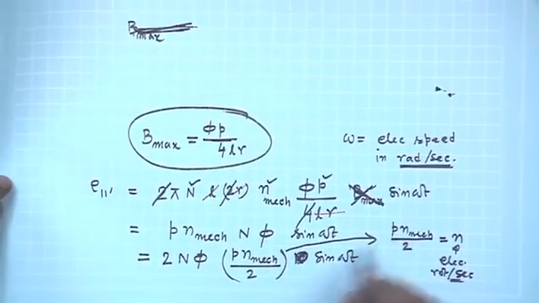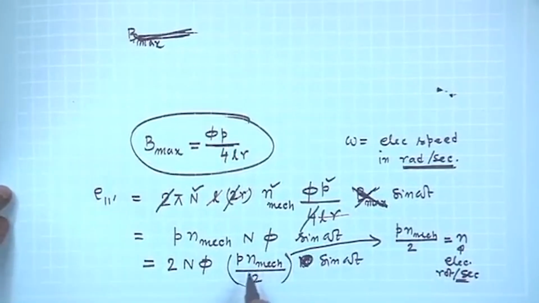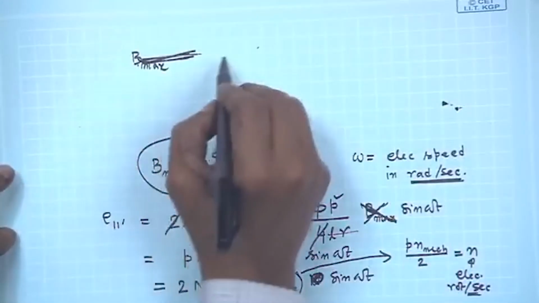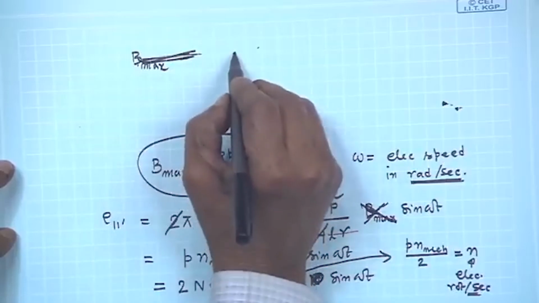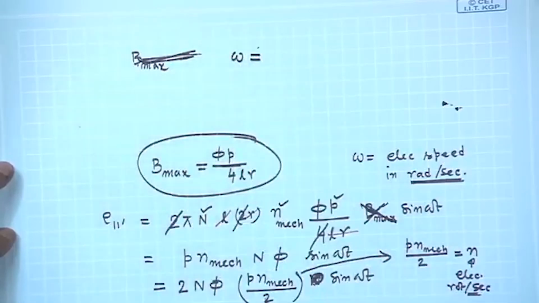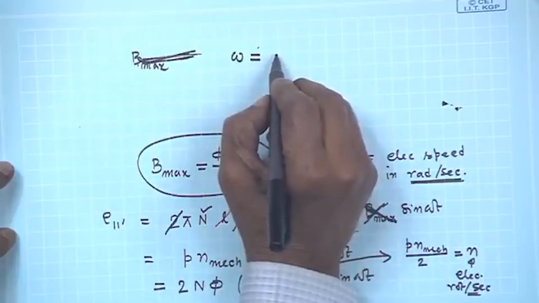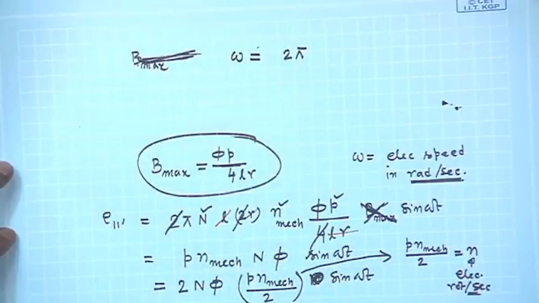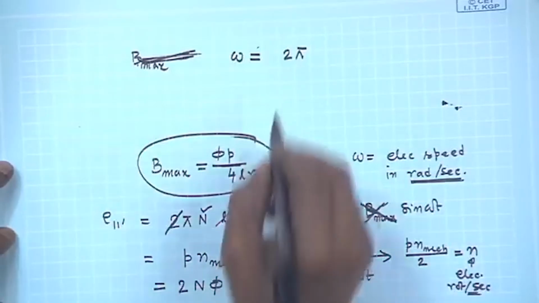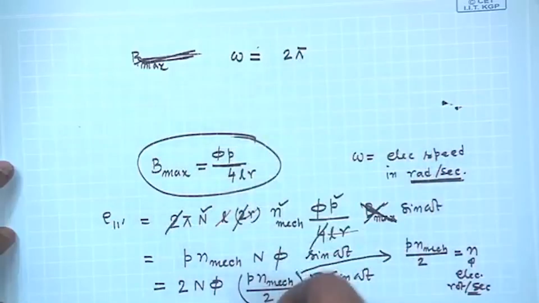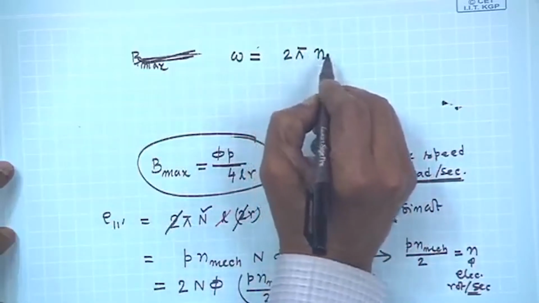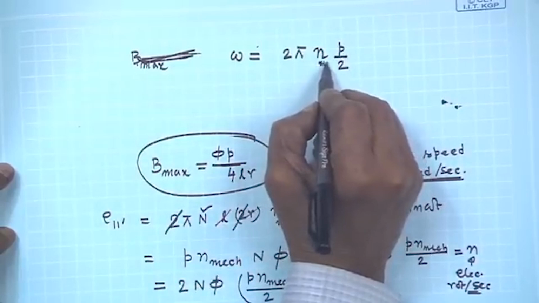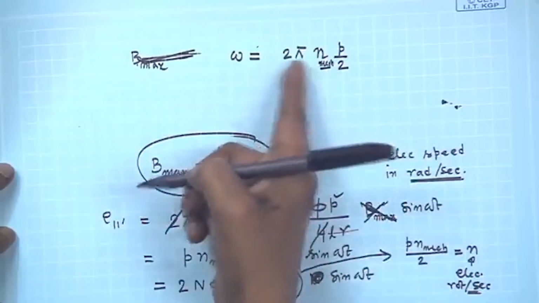Now, P n mechanical can be expressed like this. Omega can be related with a mechanical speed as 2 pi n into P by 2, in radian per second.